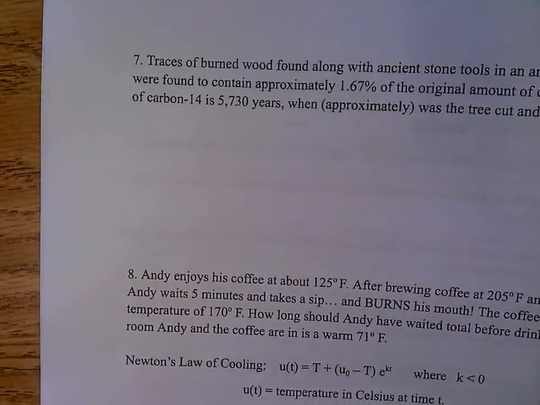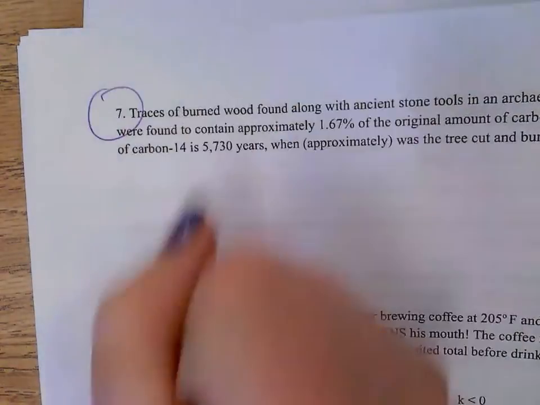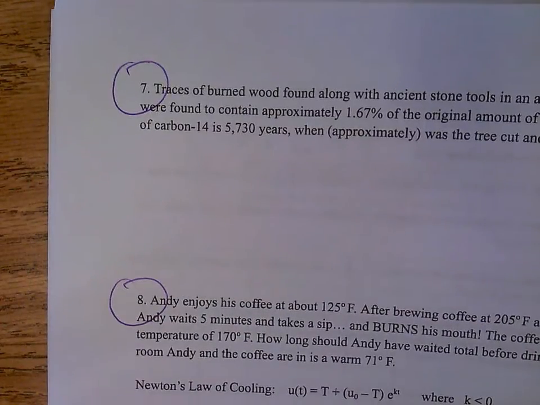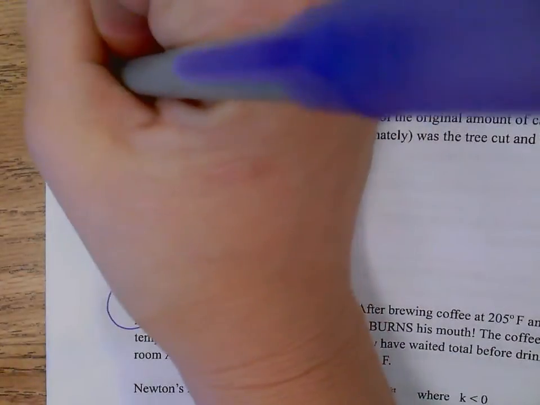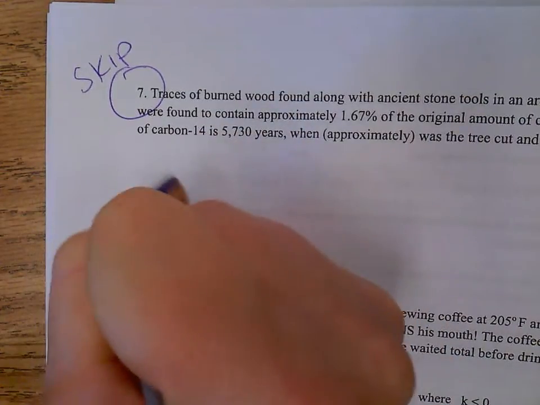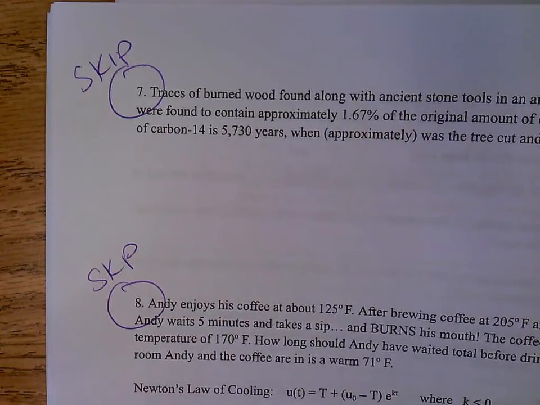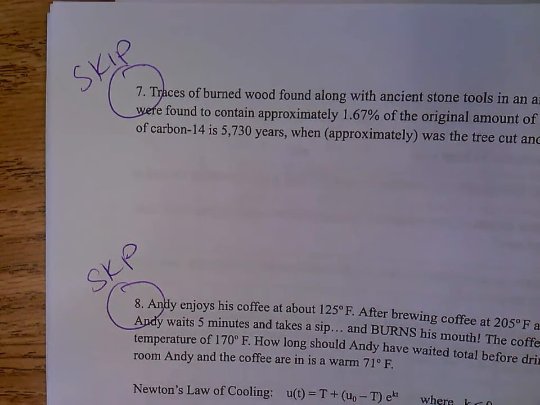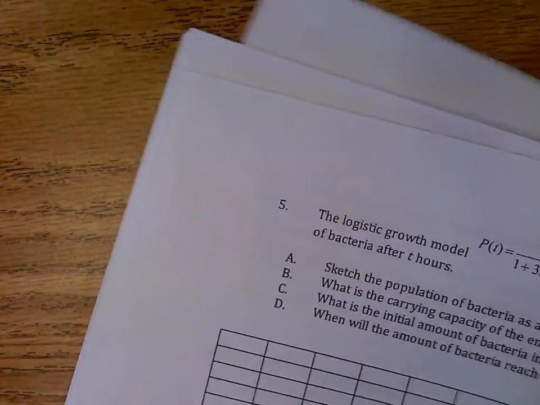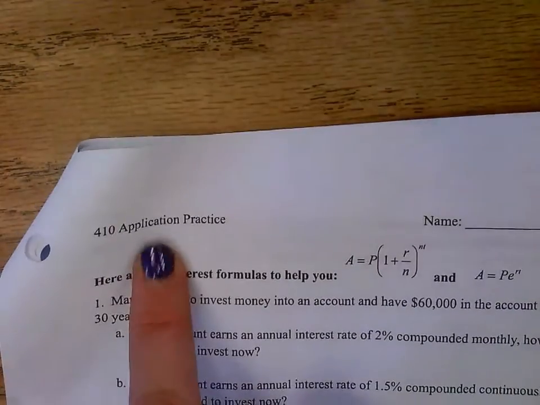Can you circle number 7 and number 8, that you're not going to be doing those without me? So just write skip on 7 and skip on 8 on 410, because you're working on it on Monday, Tuesday. I'm just talking ahead to what you're going to need to do on Monday, Tuesday.